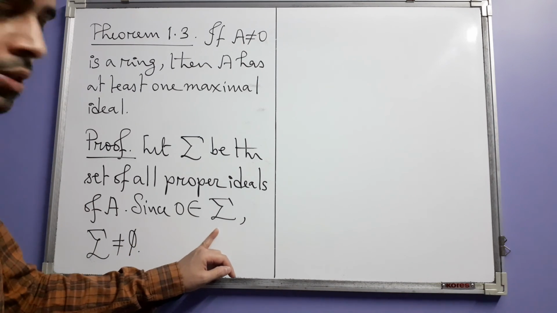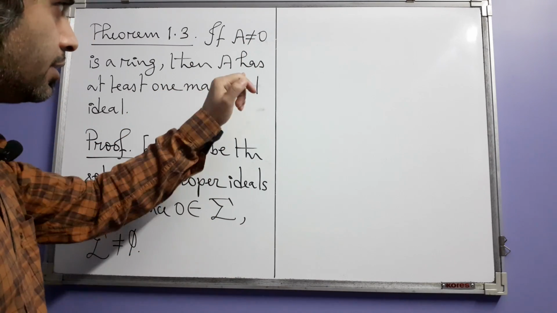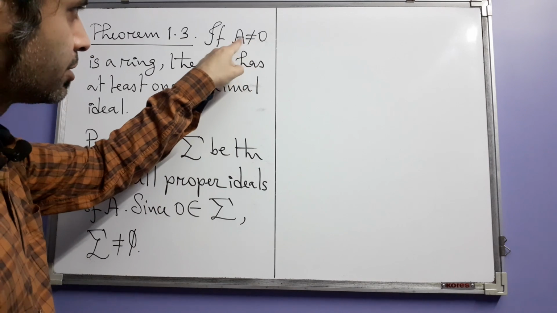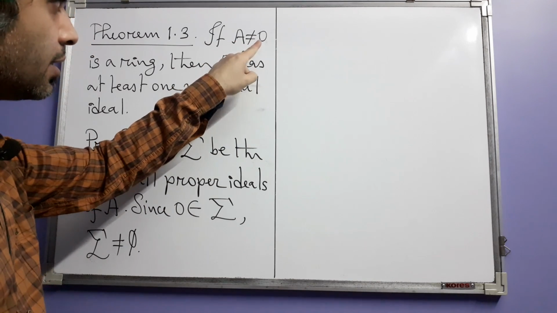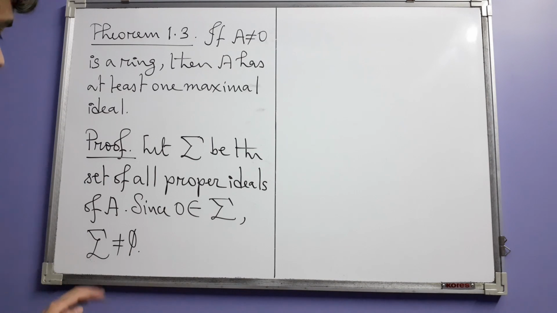Why? Because A is itself a non-zero ring and the zero ideal is always there. So the zero ideal, because of this fact, is a proper ideal of A, and that's why it belongs to sigma. So sigma is non-empty.